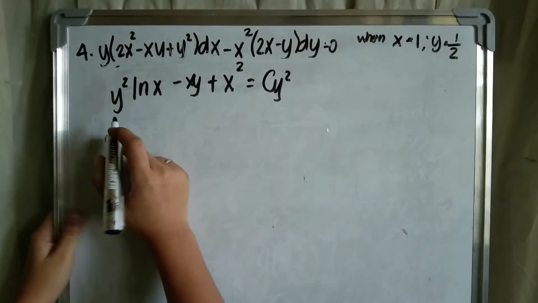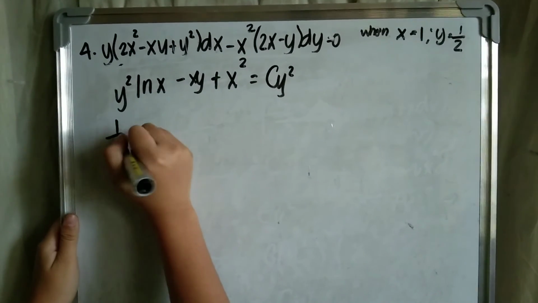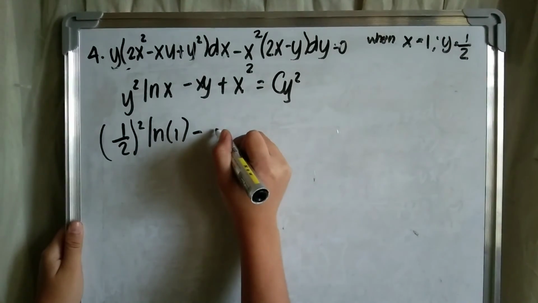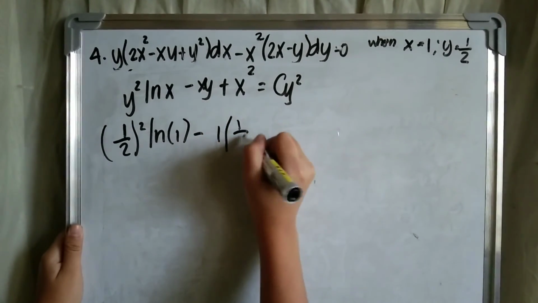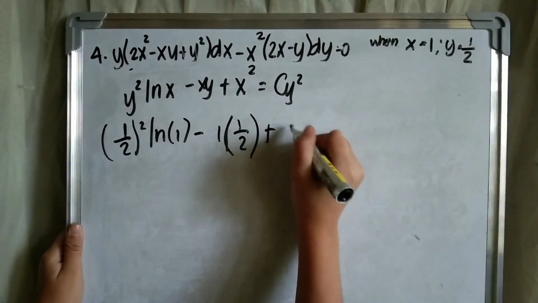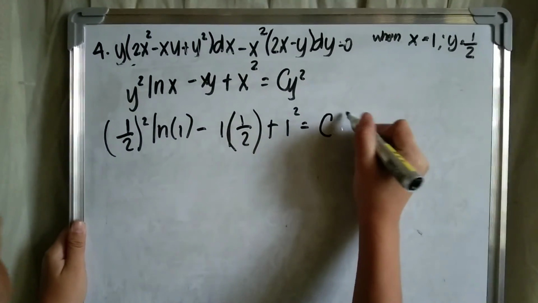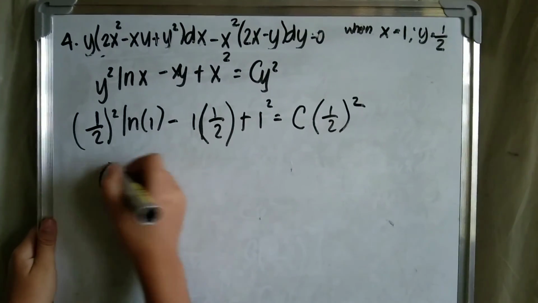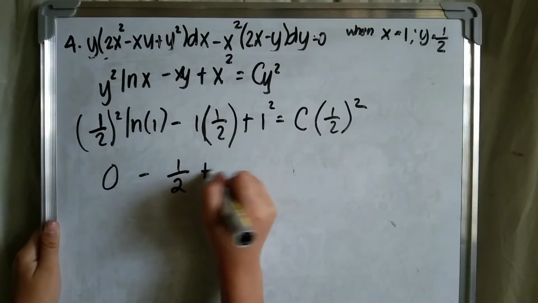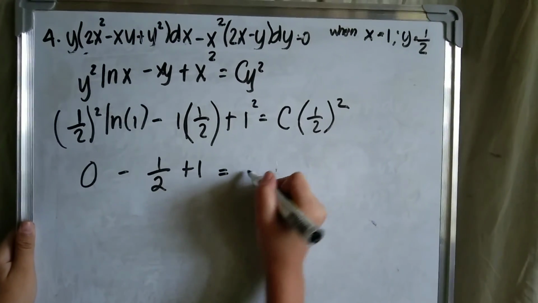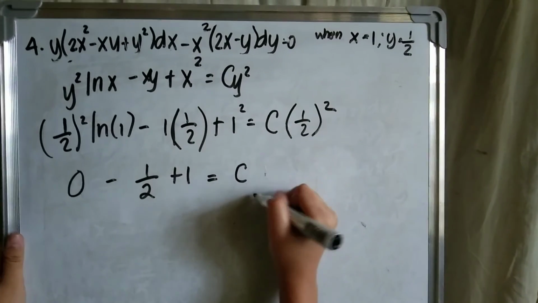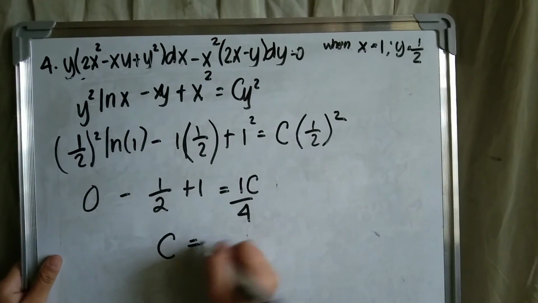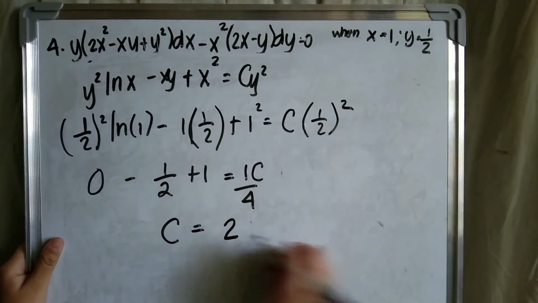Let us substitute the given values of x and y. (1/2) squared times ln 1 minus 1 of 1/2 plus 1 squared is equal to c times (1/2) squared. So this will become 0 minus 1/2 plus 1 is equal to c of 1/4. So our value of c now is equal to 2.